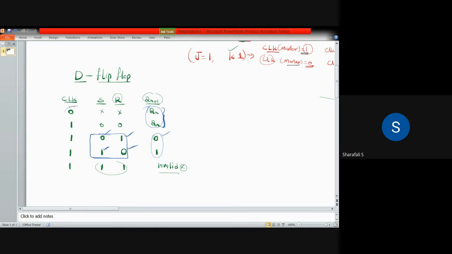Under this condition, we do not have any change in your output. If you want to get any change in your output, then we have to use this particular case. So correspondingly, we have S and R values which are 0, 1, and 1, 0, which means that when the value of S is equal to 1, your R will be equal to 0, and vice versa.